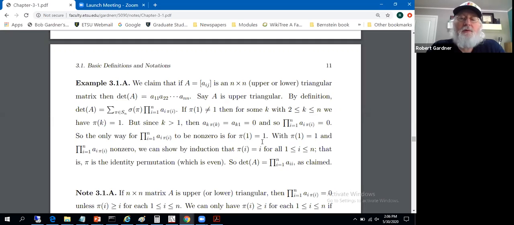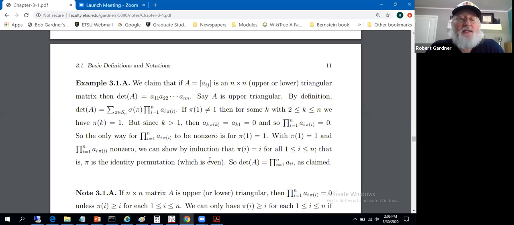All right, we're going through a bunch of products. If we've got an upper triangular matrix, then we're getting lots and lots of zeros. Think of it, half of the matrix is zeros. So the only way we can get products to be non-zero is when pi of 1 equals 1.